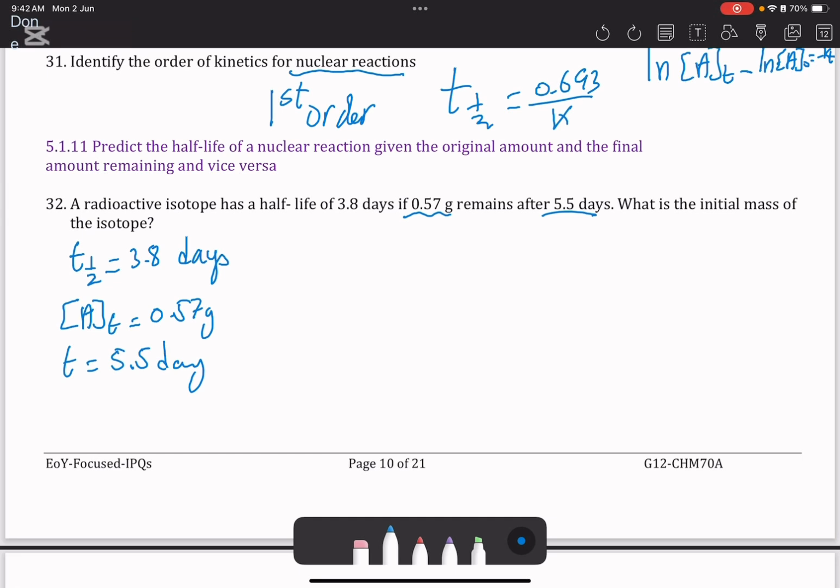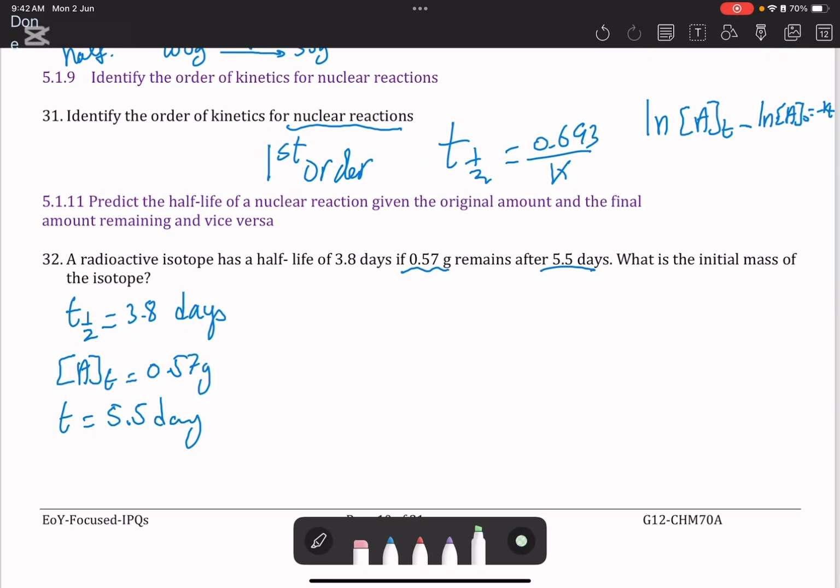I can simply apply the formula of half-life, which I wrote over here. Okay, so in this case, I'm going to say ln of 0.57 at a time t minus ln of the initial, which I'm going to find, equals minus k times t. Now we're talking about 5.5 days.